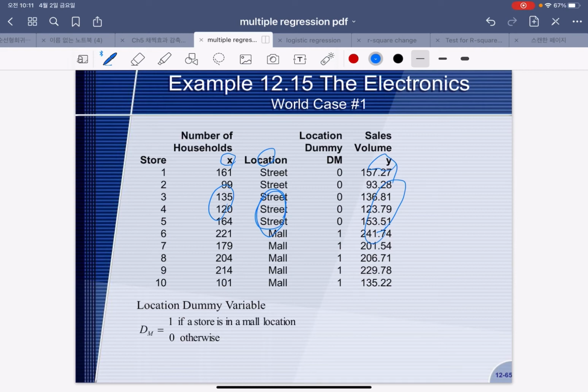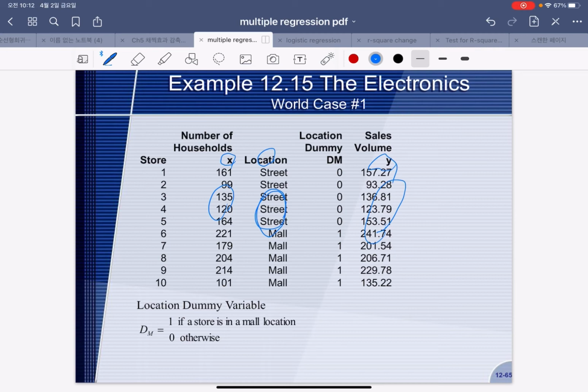For example, if you have gender, male or female, you have to transform that data to numbers. Usually you use 1 or 0. So if you want to change gender to a number, you usually use 1 for male and 0 for female, right?